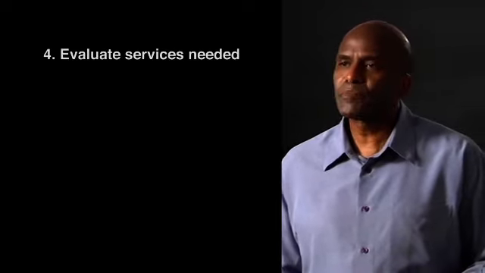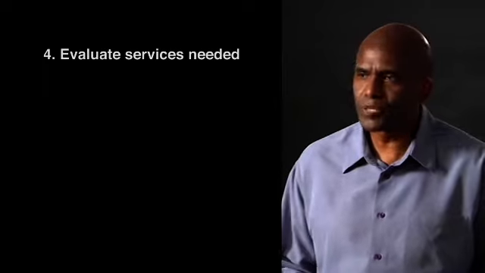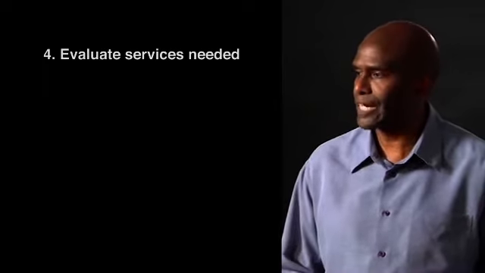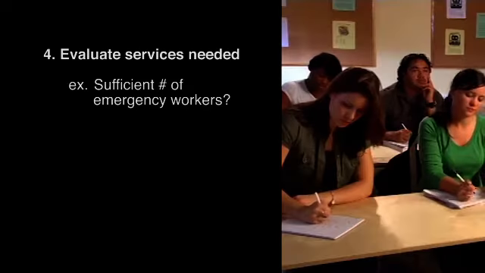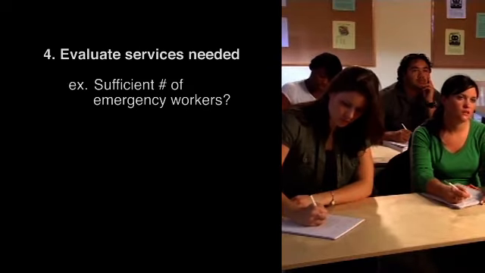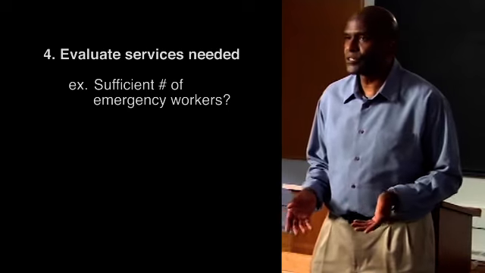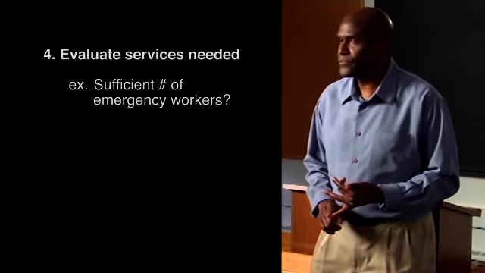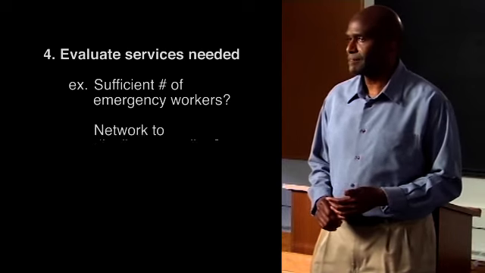A fourth factor is evaluating what services are needed. For example, are there sufficient numbers of police, firefighters, and emergency workers who are trained to respond to a natural disaster? Is there a network in place for emergency workers to distribute supplies, such as bottled water, food, blankets, and medicine?